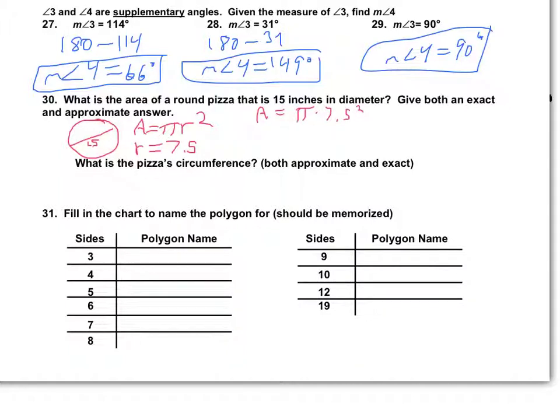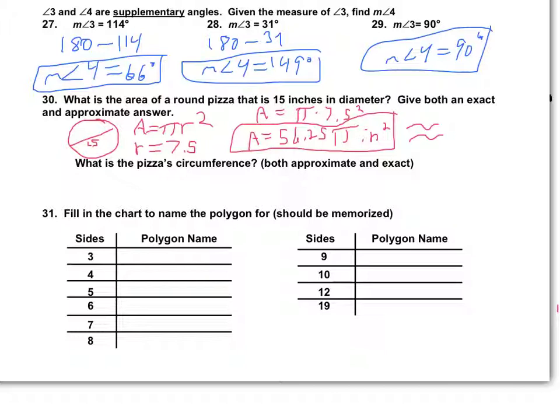Now to find the exact answer, you're just going to do 7.5 squared. So type that in your calculator and you get 56.25. So the exact answer is 56.25 pi square inches. And then the approximate answer is where we will type that in and round it out.